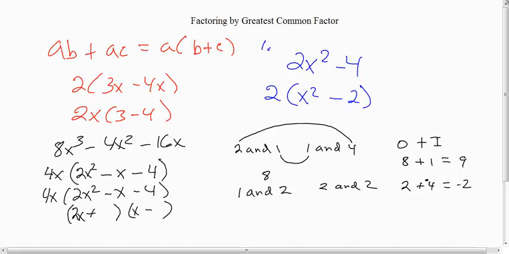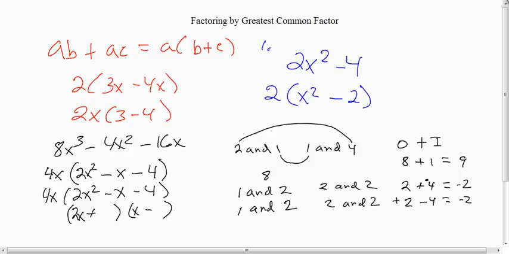So let's try making this 1 and 2 and 2 and 2, and of course we still come up with the same thing. We're still coming up with 2, and here we could say a plus 2 and then a negative 4, and that's still going to give us a negative 2.